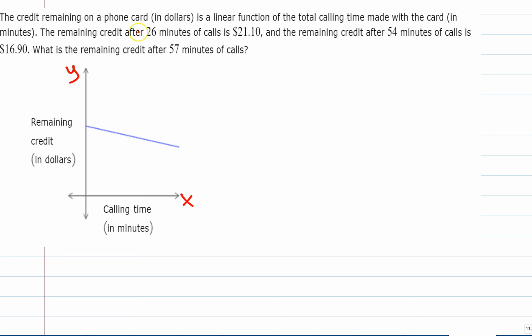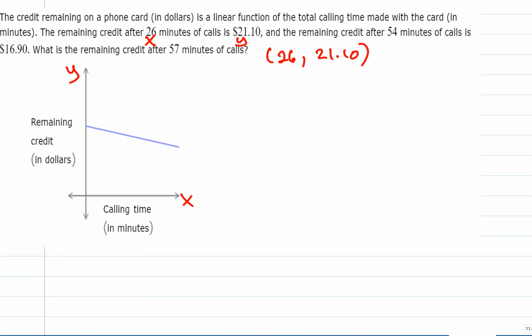So when they tell me the remaining credit after 26 minutes of calls, that 26 minutes is an x. That remaining balance is, they've just given you a point. 26, comma, 2110. X, comma, y.